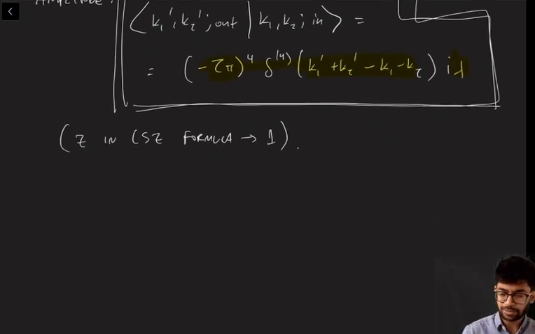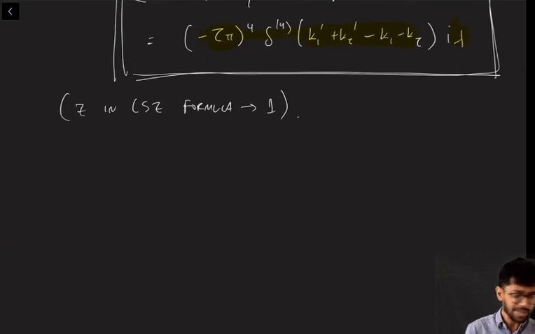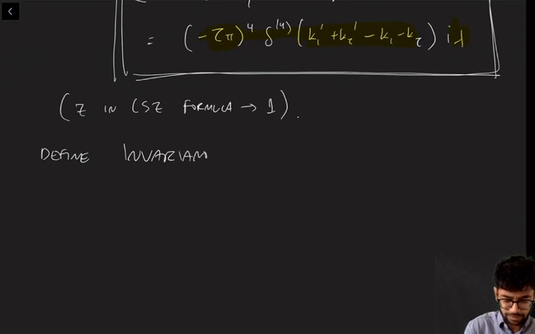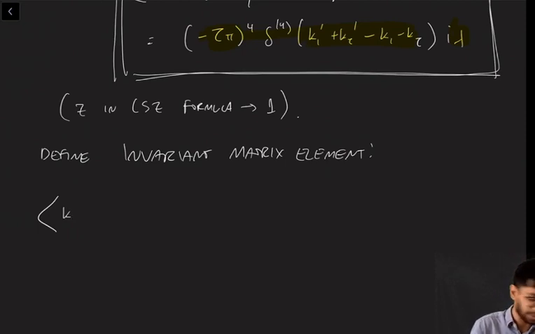So for future reference, I'm going to define an important thing. Let me define the so-called invariant matrix element. And that's the following. Basically what I'm doing is I'm imagining that I have an inner product of in states and out states.